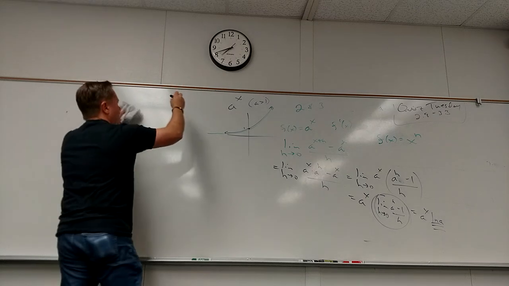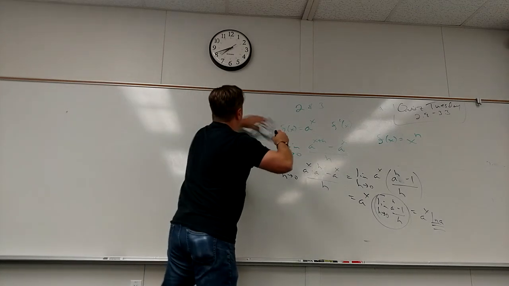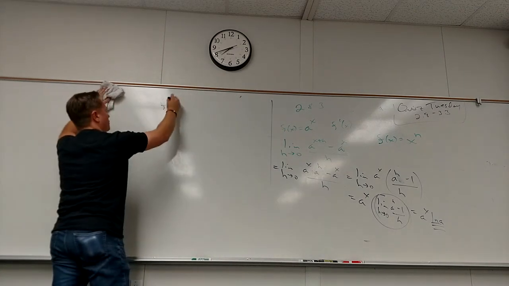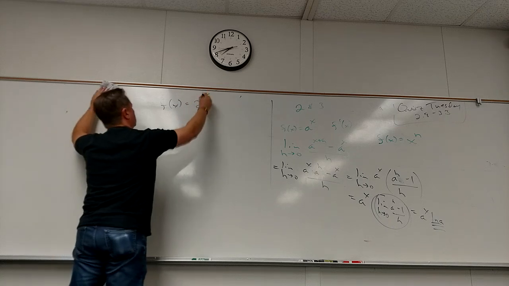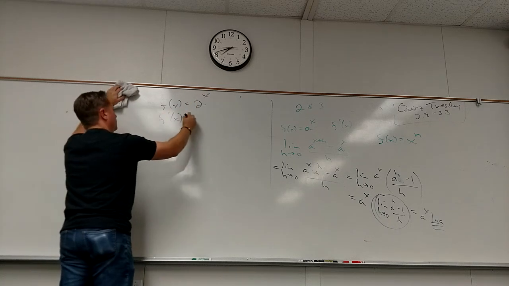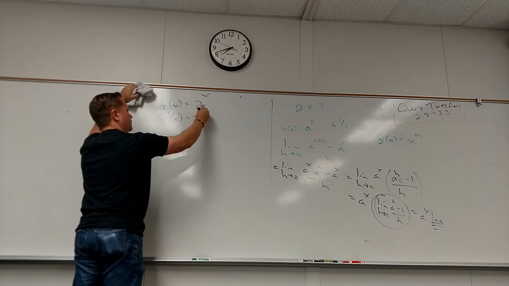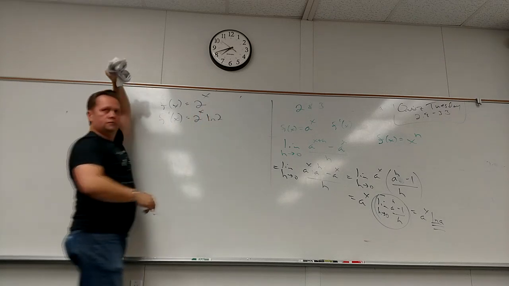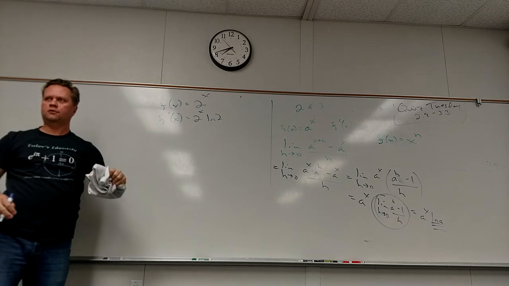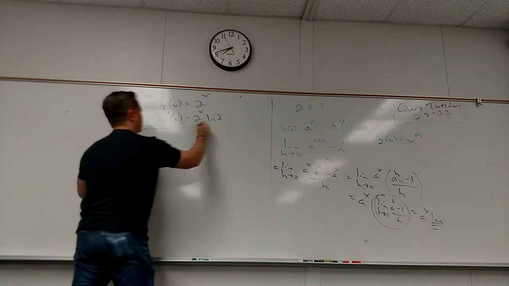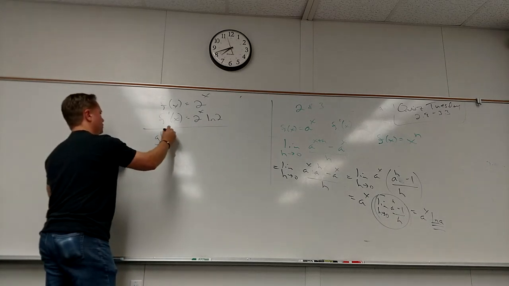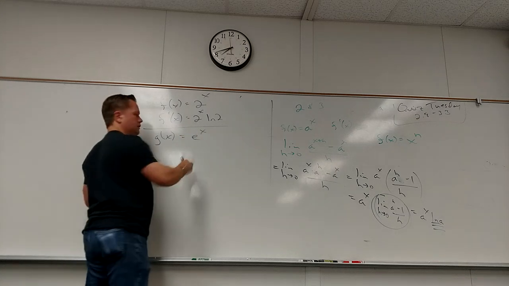So for example, if I had this, what would its derivative be? 2 to the x natural log of 2. Natural log of 2. Kabam. What's special about this then? This is the most special little dude. Oh, he's an awesome little dude.